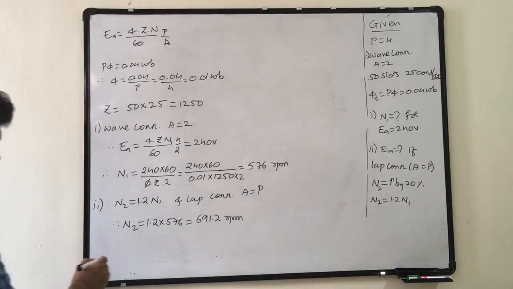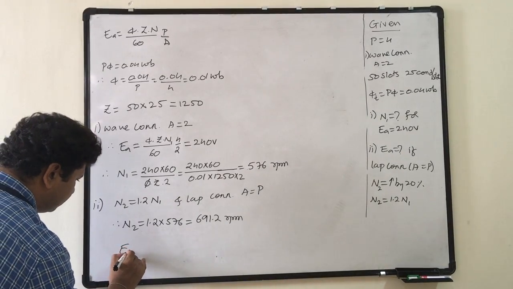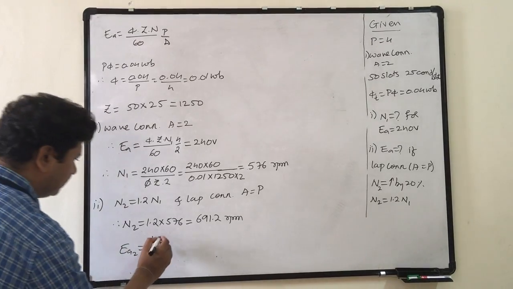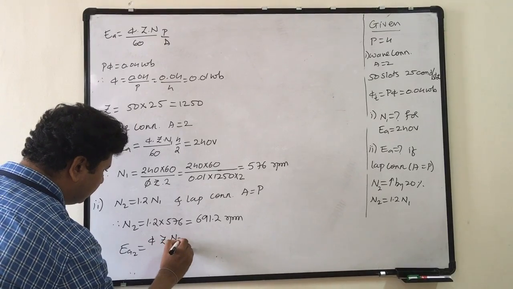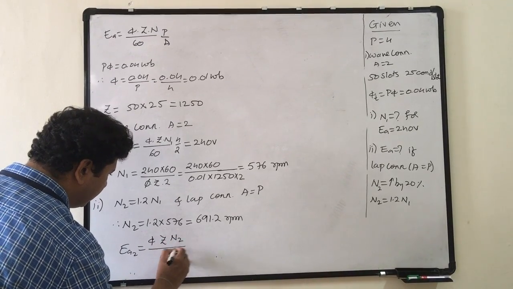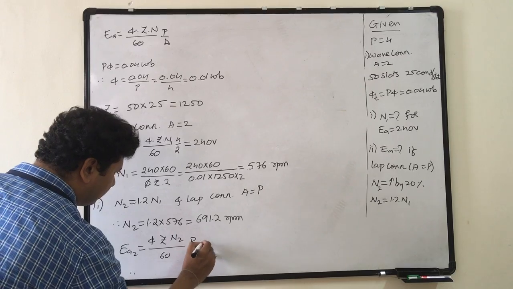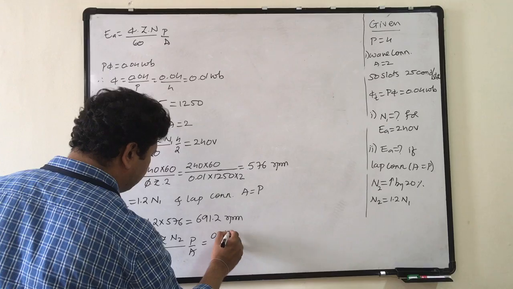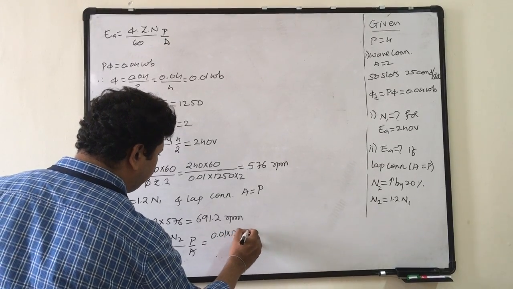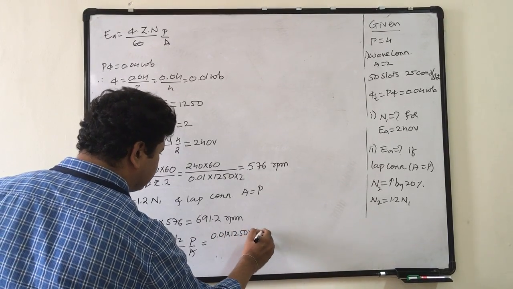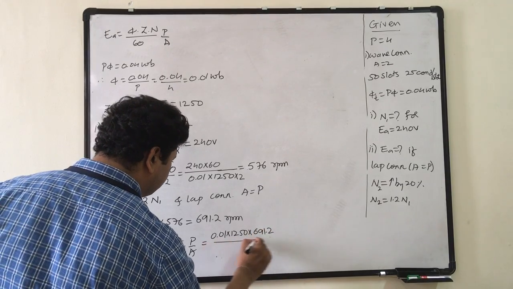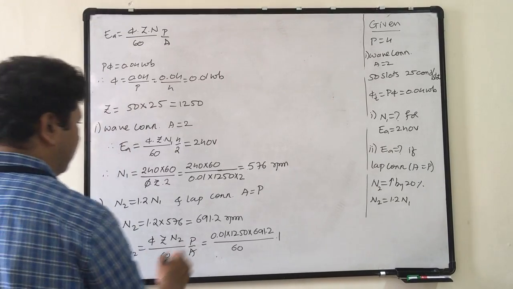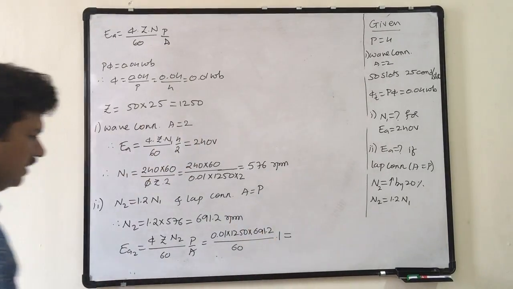691.2. Now therefore EA2 is equals to phi is same, it is not changing, Z is same, not changing, N2 divided by 60 into P by A. So that is 0.01 into 1250 into 691.2 divided by 60 into 1. For lap, A is equals to P, and this is the induced EMF.